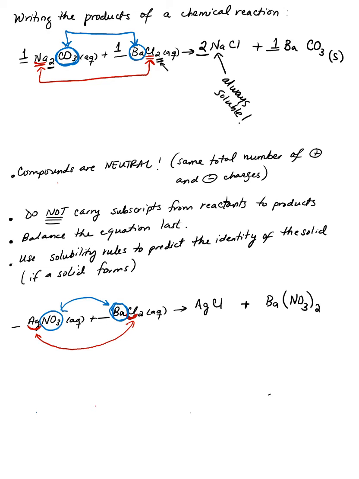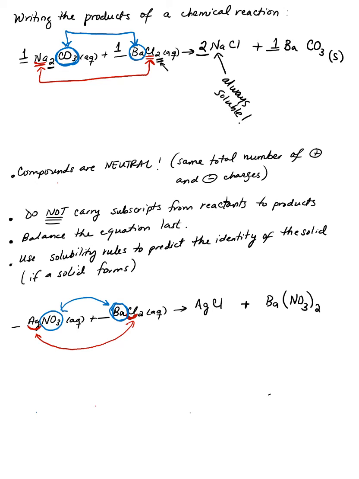So you can erase the charges because now they're canceling out, and you have your neutral compound. So you have your 2 products forming when the ions are being exchanged. You have an actual double displacement reaction, exchanging all of the ions.